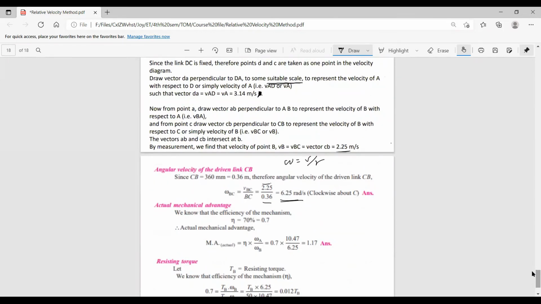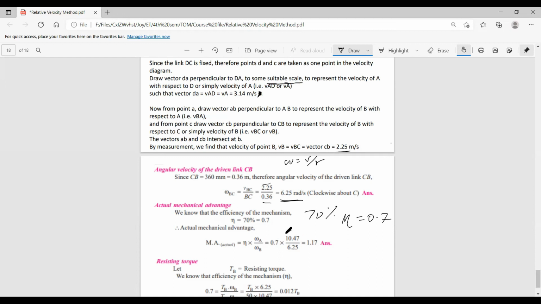Actual mechanical advantage. We know that the efficiency of the mechanism is equal to 0.7. It's given 70% efficiency, so it means eta is equal to 0.7. So actual mechanical advantage is equal to eta into omega A upon omega B, that is angular velocity of output over input.